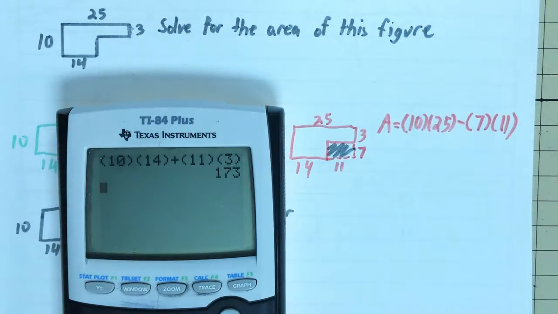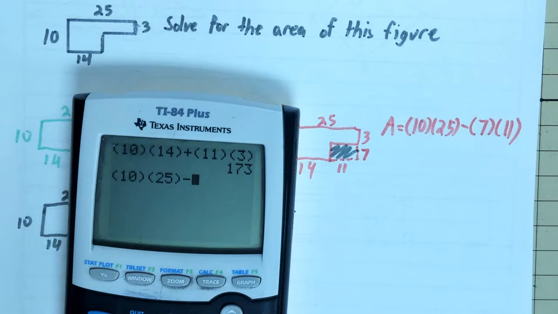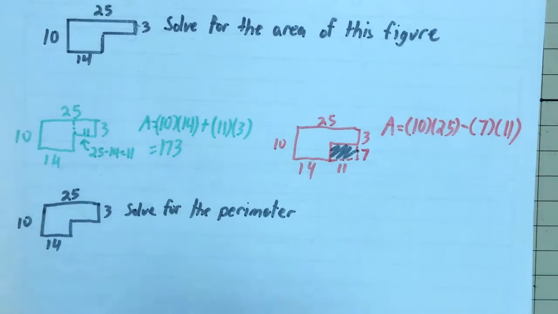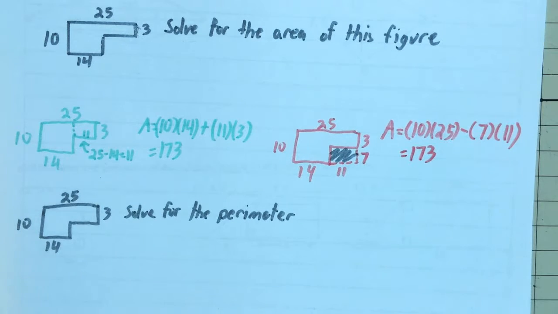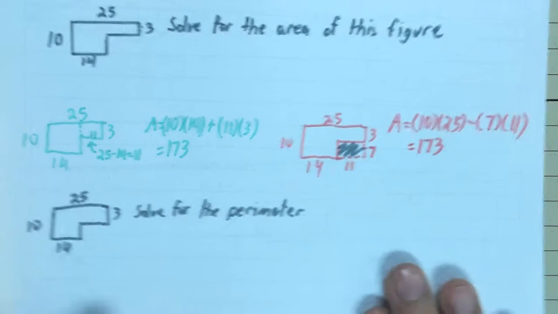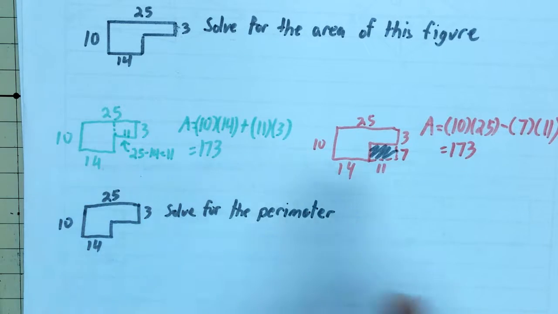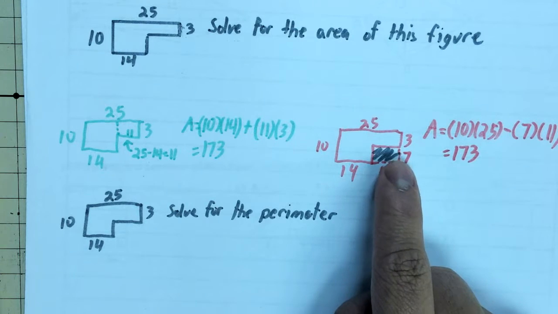Doing it this way also gets you 173. Alright, so two different ways. You can either cut that into two separate rectangles, or imagine this as one full rectangle where the corner is cut out.